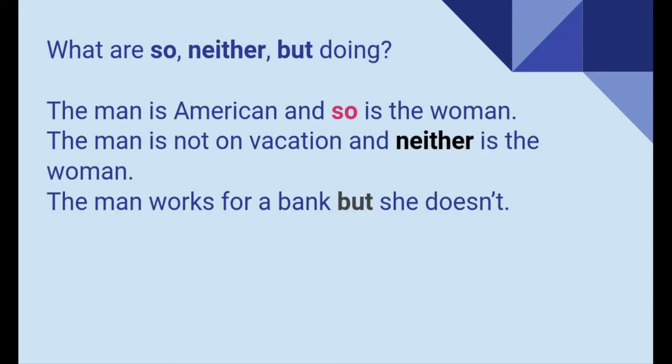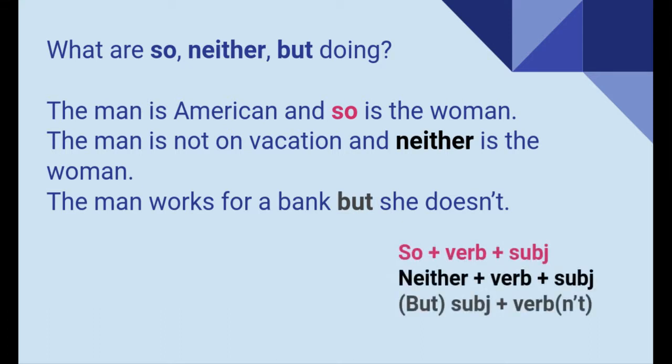Here, we are going to review the use of so, neither, and but. So, if you remember, these words are helping me combine or join two ideas. Now, how do we do that? Well, if you notice, we're using so, verb plus subject.